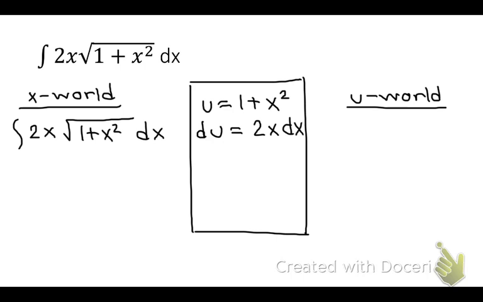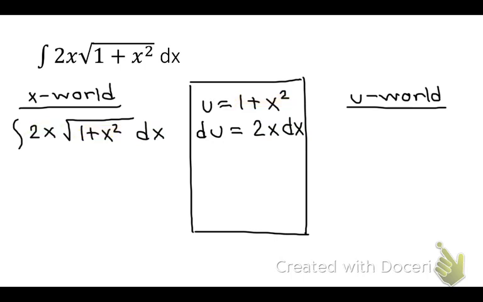Now, the reason we wanted to do that is because we need to make sure that when we go from x world to u world, we take all of our parts. So we already had the 1 plus x squared, but we still needed to make sure that we were able to take over the 2x and the dx. Make sure you get all your parts there, and that's why we end up taking the differential.